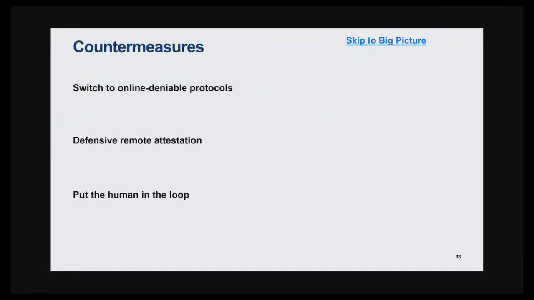But also there is another way that involves actually inserting remote attestation into the messaging protocol itself, essentially to show that you're not carrying out the attack. Finally, it's also possible to reduce the ability of someone to do this attack by essentially putting a human in the loop and making authentication depend on something that isn't attestable.